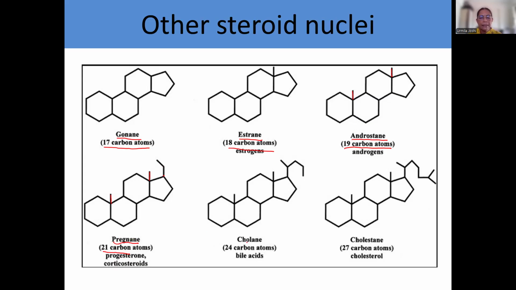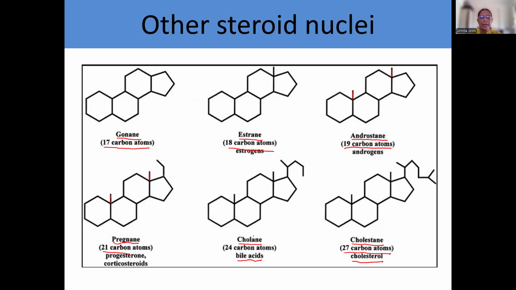Then there is the cholane structure, which has 24 carbon atoms. Attached to C17 is a 5 carbon structure. An example is bile acid. Finally, the very famous cholesterol contains the cholestane ring. It contains 27 carbon atoms.